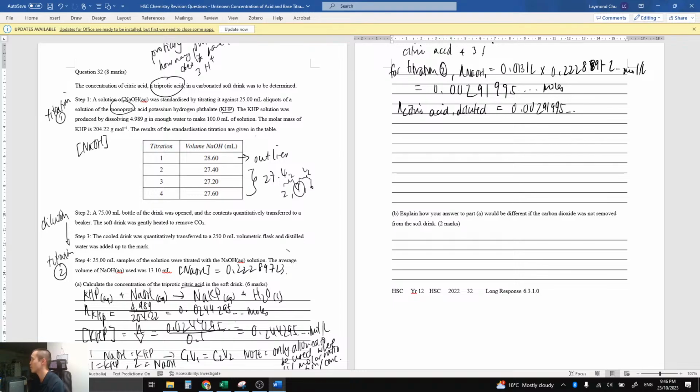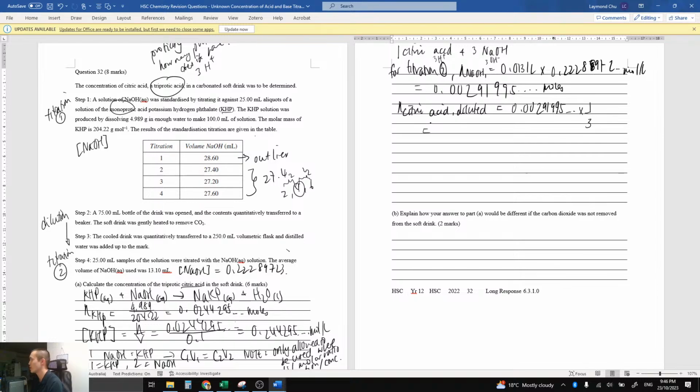So if it's triprotic, you would need 3 moles of NaOH to react with it, right? Because you've got 3 H's here, you would also need 3 OH's here to react it as a neutralization reaction. So instead of that answer, it would be a third, okay? We would need a third of the moles of NaOH because this is a 1 to 3 ratio. Cool?